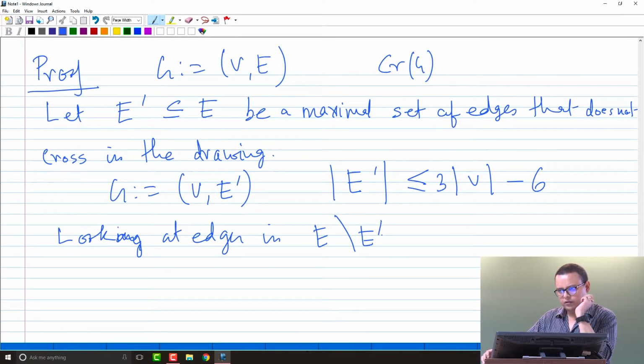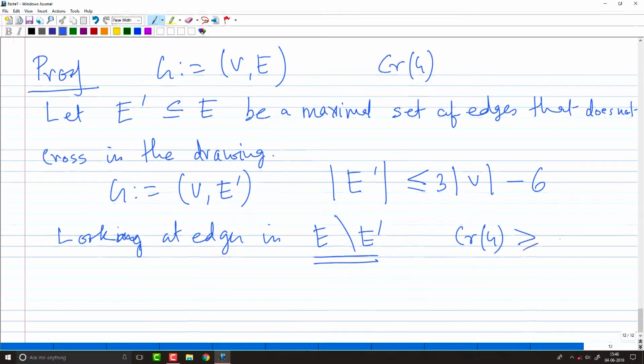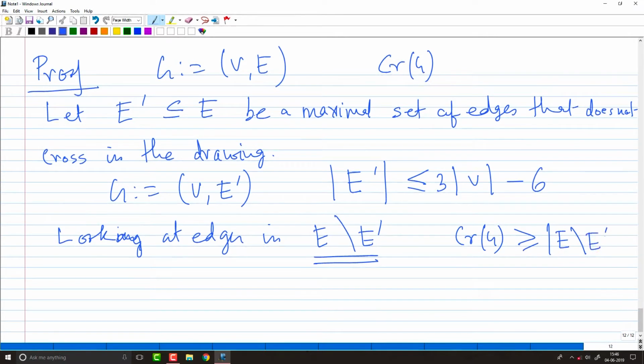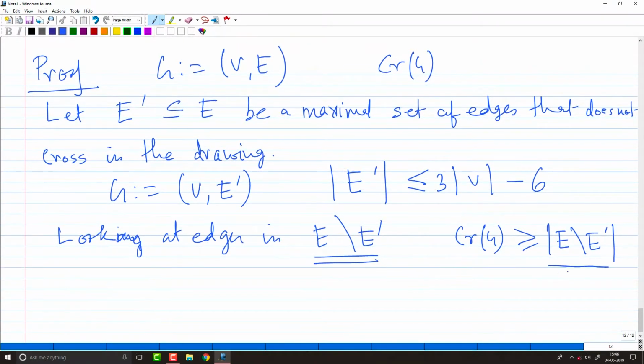So each of the edges here will contribute a crossing. So CR(G) is greater than or equal to the size of E minus E prime, has to be, right. Each edge may cross even more, not just one, but at least one every edge from E minus E prime will contribute. If I can find a lower bound for this, I am done.